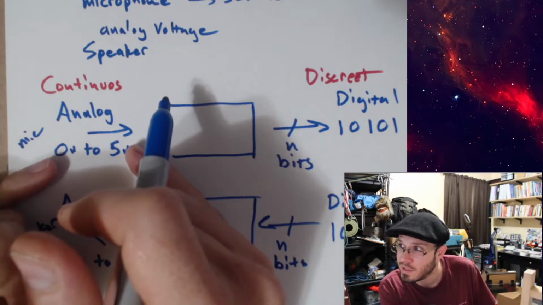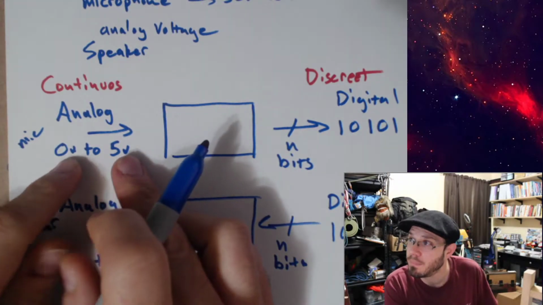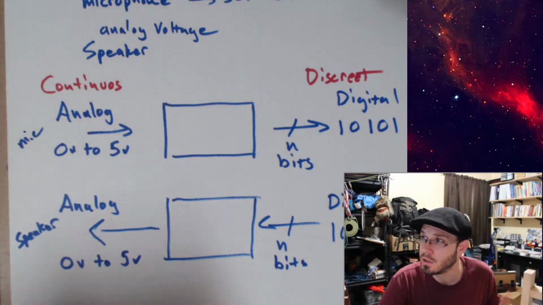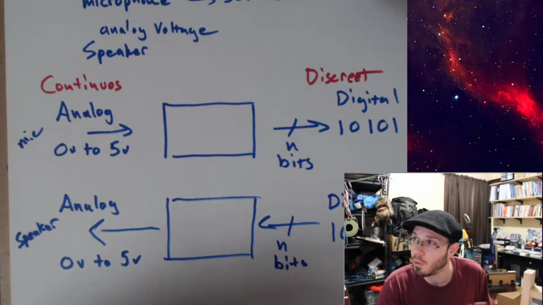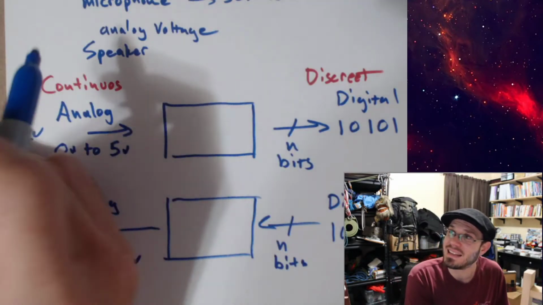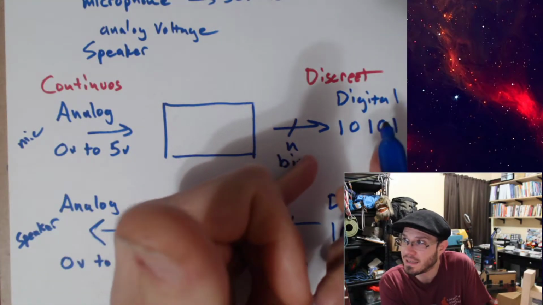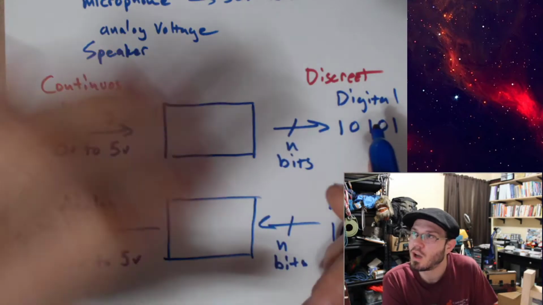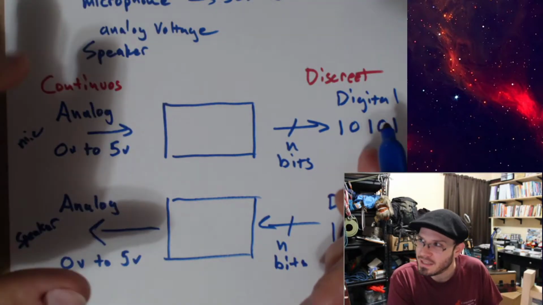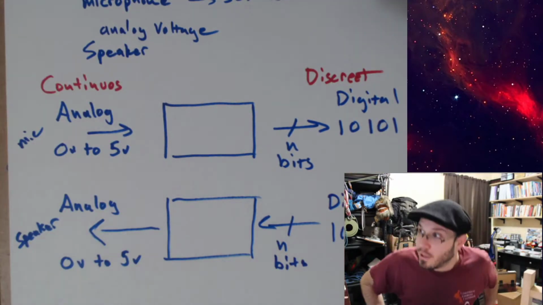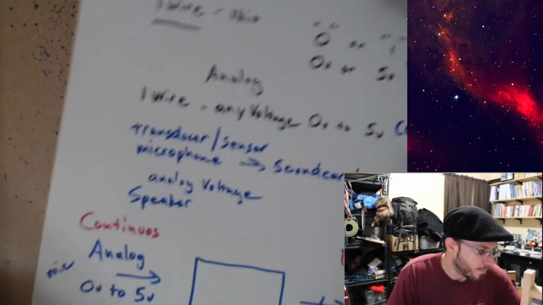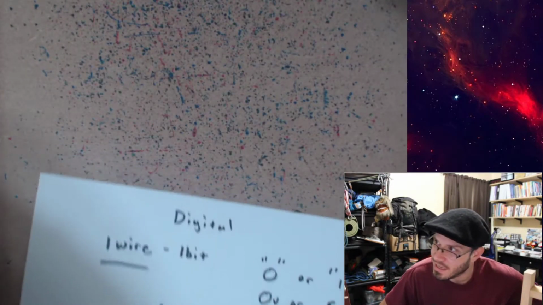Well, your microphone doesn't put out 0 to 5 volts. It puts out a much smaller voltage, 0 to 0.1 volt, 0 to 0.2 volts. And then that has to get amplified before it can even get converted into the digital domain. So what we're dealing with, and a lot of the stuff we've been learning about thus far, falls under the category of signal conditioning.